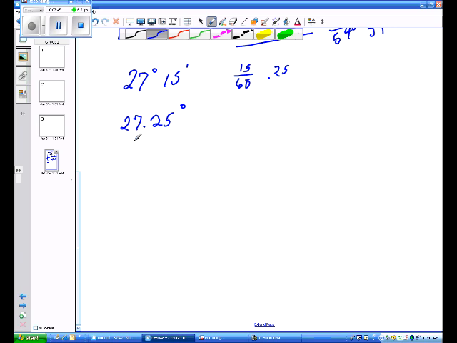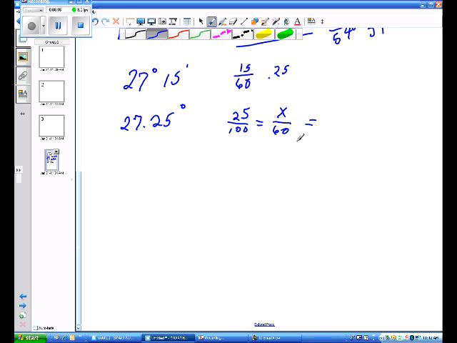Now, if you had it in decimal degrees and you wanted to change it back to degrees and minutes, the way that you would do that is you could set up a ratio: 25 hundredths is the same as what over 60? Then you can do your cross product, and you'll get the 15.